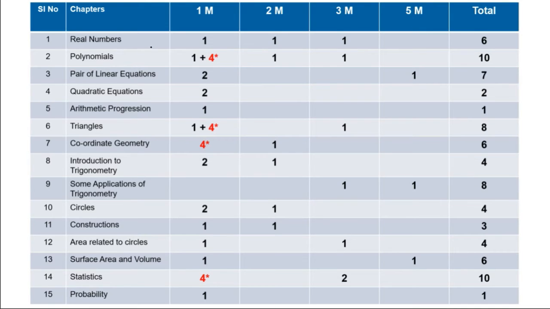For real numbers, there will be 6 marks allotted, divided as 1 mark 1 question, 2 marks 1 question, 3 marks 1 question. Likewise, you can look carefully. There is something in red color with a star mark. These are the questions based on case study.